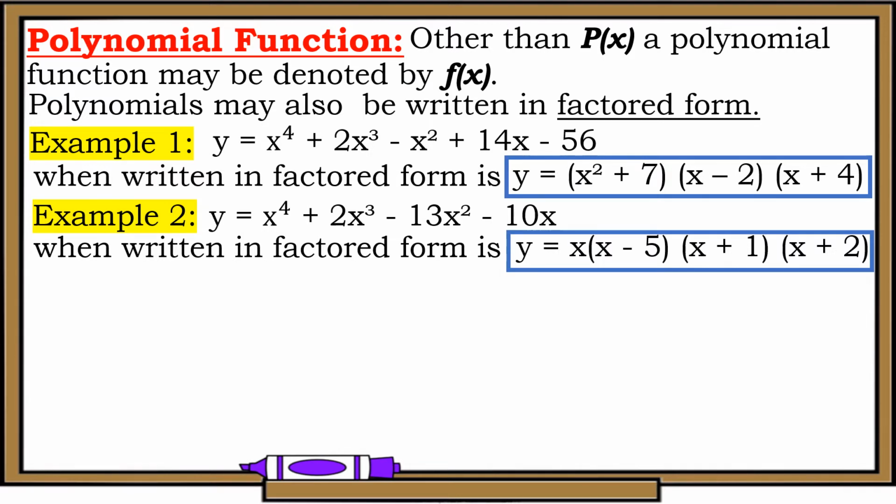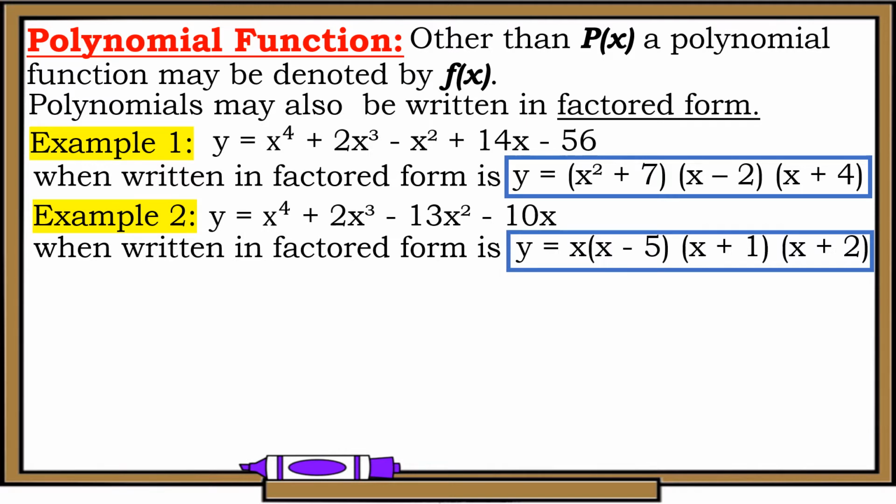Halimbawa, sa example number 1, kung tatlo yung factors nung polynomial, yan yung nagsasabi ng kung ilang degree. Dito naman, sa number 1, yung x squared plus 7, ang degree niya ay 2. I-plus mo siya sa x minus 2 na ang degree ay 1, tsaka sa x plus 4 na ang degree ay 1.